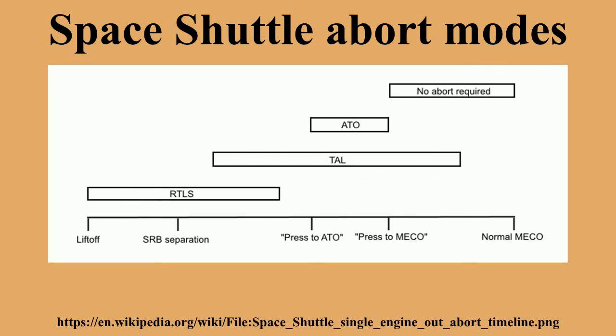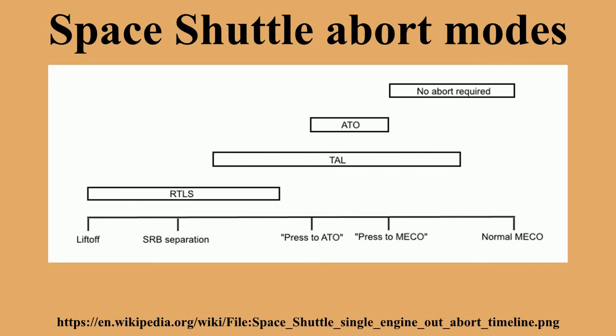Additionally, the shuttle's OMS and reaction control system motors would continuously thrust to burn off excess OMS propellant to reduce landing weight and adjust the orbiter's center of gravity. Just before main engine cutoff, the orbiter would be commanded to pitch nose down to ensure proper orientation for external tank jettison, since aerodynamic forces would otherwise cause the tank to collide with the orbiter.